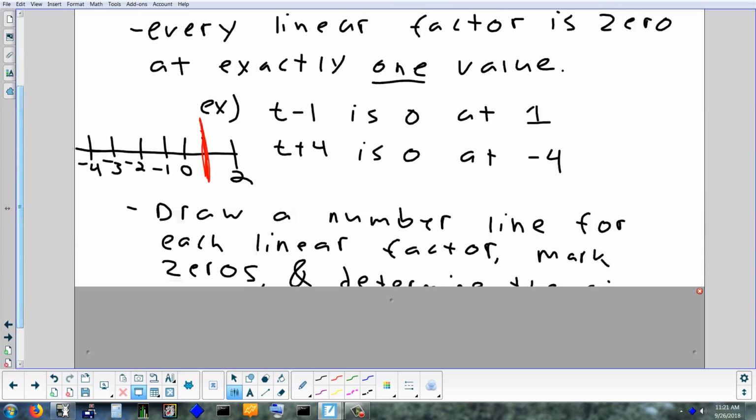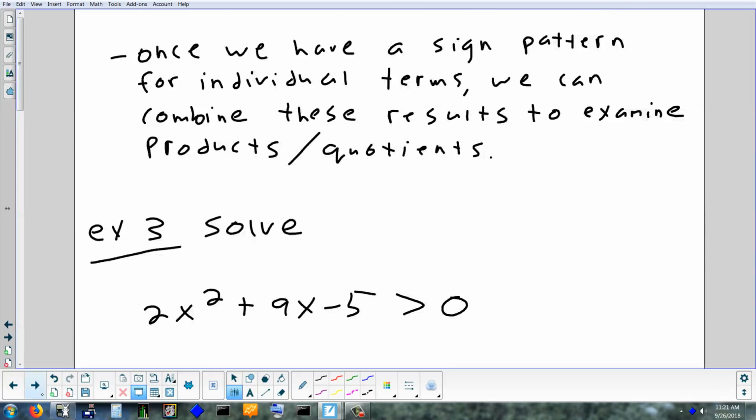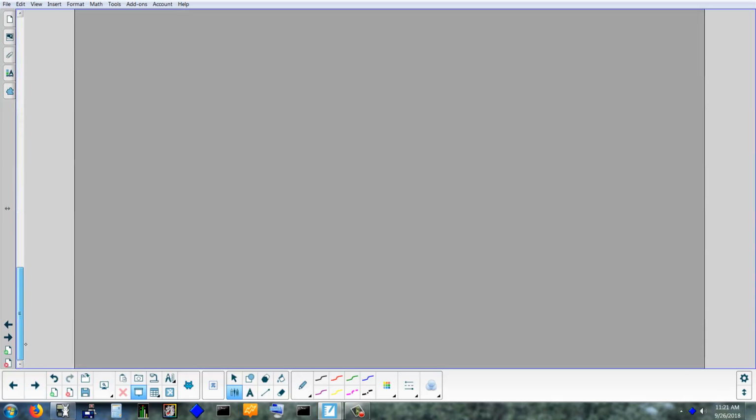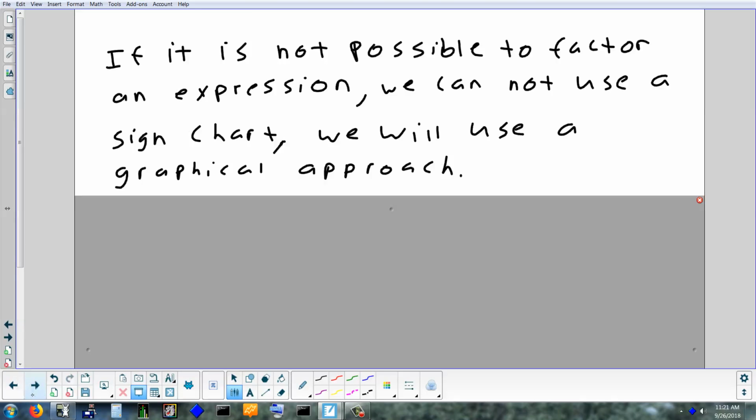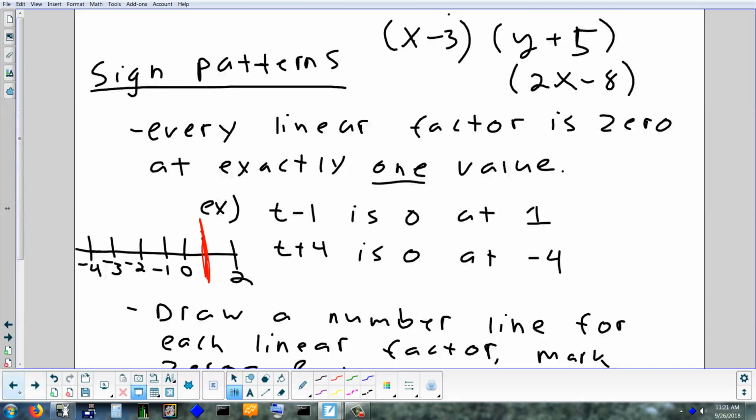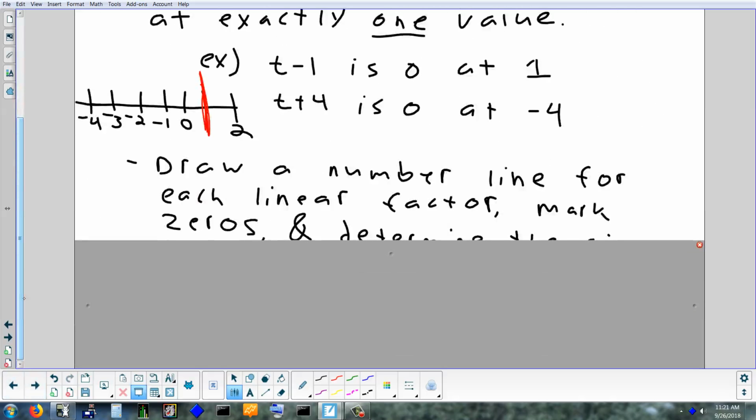So what we're going to do is make a number line, kind of like I did here, for each linear factor. So if your problem has 2 linear factors, you're going to make 2 number lines. If you had a problem with 3, I think I have one later on, you'd end up making 3 number lines. So we're going to draw a number line for each linear factor, and we're going to mark the 0. You don't have to put a big line like that. You could just put a dot, or whatever you want.